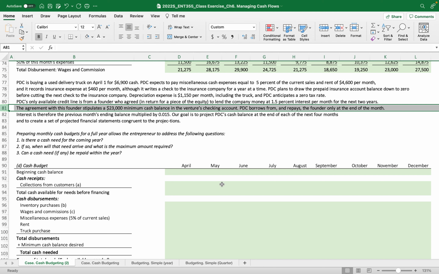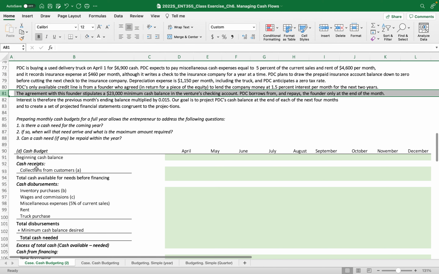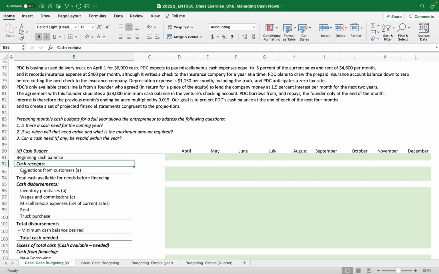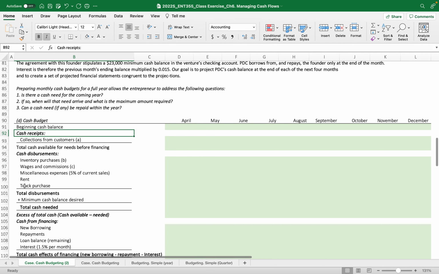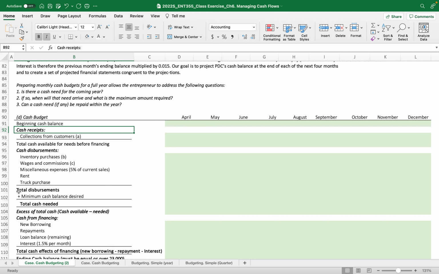Now, the beginning cash balance starts, and then cash receipts from customers, the sales on credit. And then cash disbursements: inventory purchase, wages, miscellaneous, rent, and truck purchase.